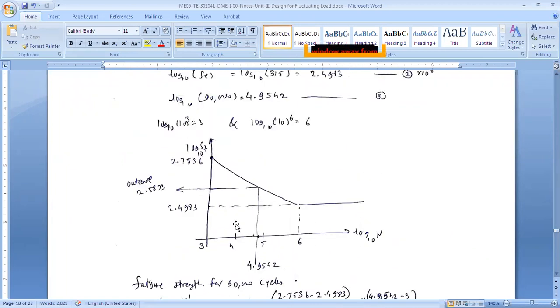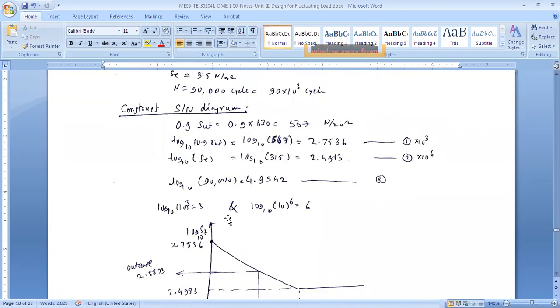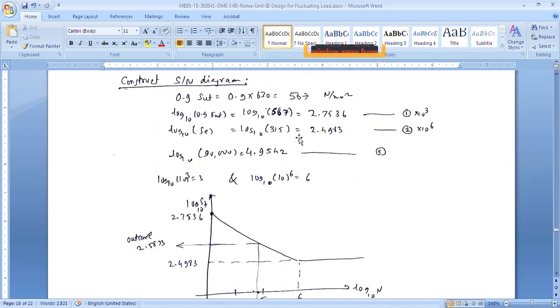So for any given number of life cycles, we can calculate the corresponding stress, or for any stress, we can calculate the life cycle. Now if the stress is, say, 200, what will be the life cycle? If the stress is 200 Newton per mm square, the life cycle will be infinite, because any stress which is less than 315 is the endurance limit. That means any stress below 315, it will survive for infinite life.